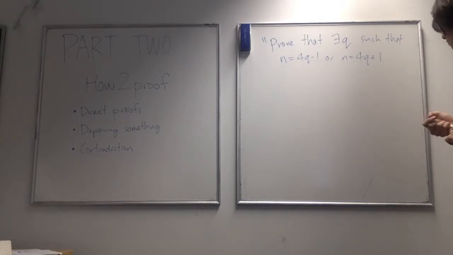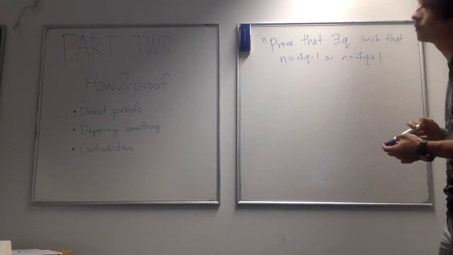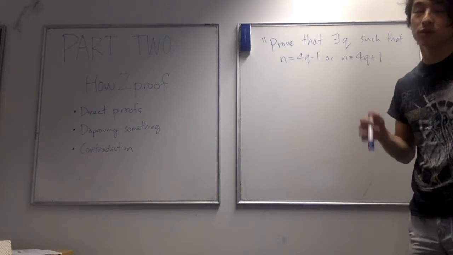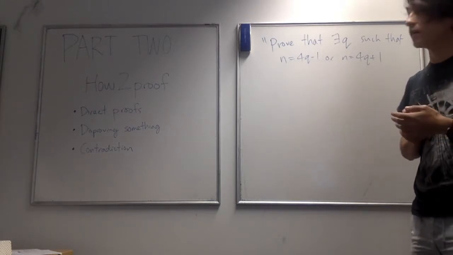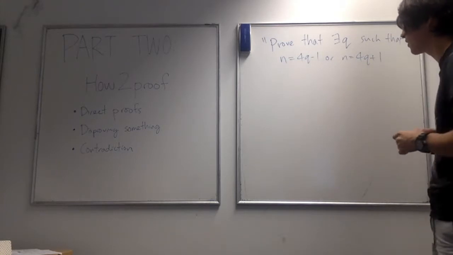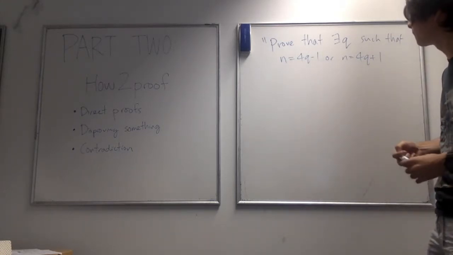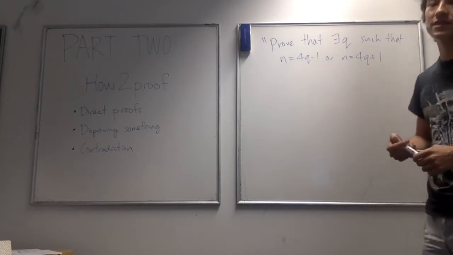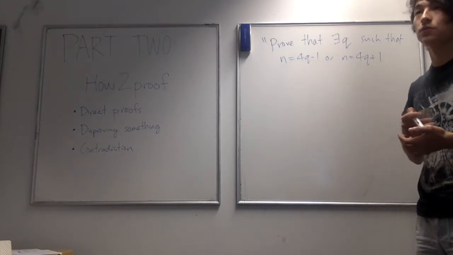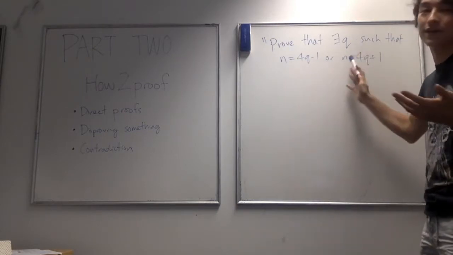So what you want to do is find some integer q. No, don't even call it q, right? You just want to find an integer and then show that it satisfies the required properties and therefore it is q, so you've shown that q exists. But a common mistake that people made was declaring that q exists before showing that it exists.